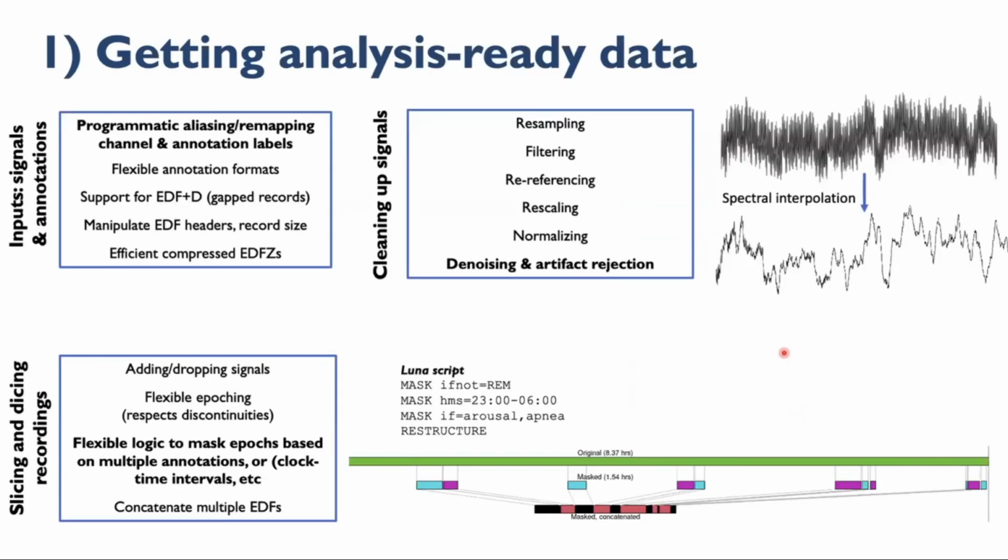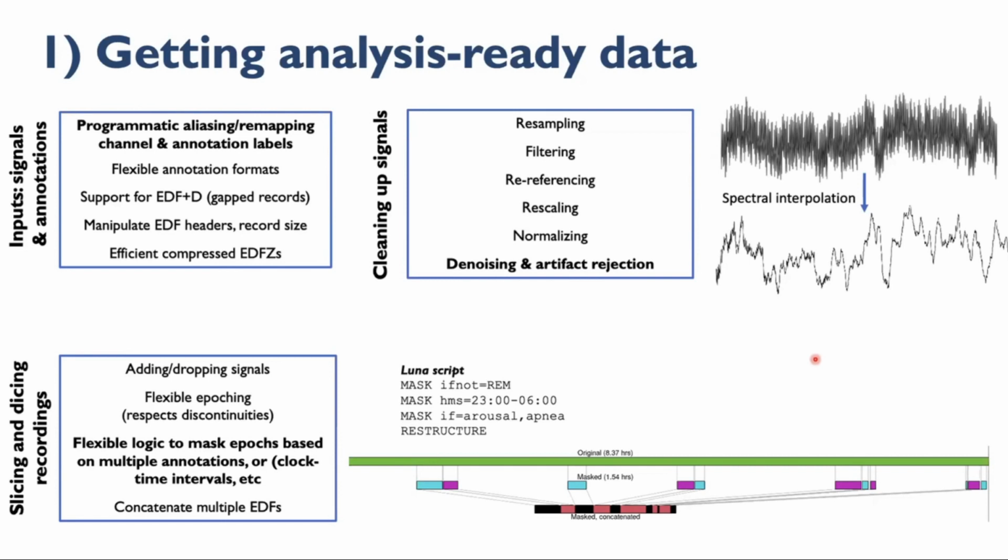So we will very briefly step through 6 domains of function, each of which comprises multiple commands in Luna, to give a general sense of Luna's scope and focus. So first, data wrangling and cleaning. Typically, much of the time spent doing analysis is trying to get the data in an analysis-ready state, and Luna provides multiple features to help harmonize different formats and sources of data.